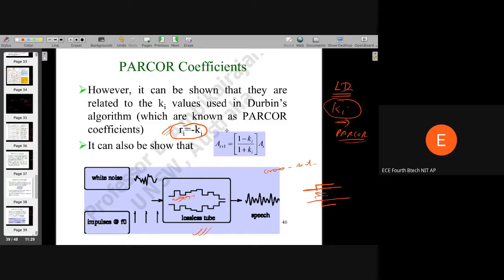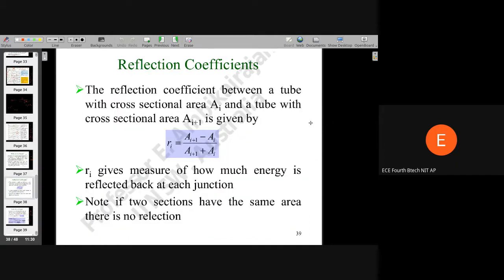So this reflection coefficient between two tubes with cross-sectional areas Ai and Ai plus 1 is given by this equation, Ki equals (Ai+1 minus Ai) by (Ai+1 plus Ai).